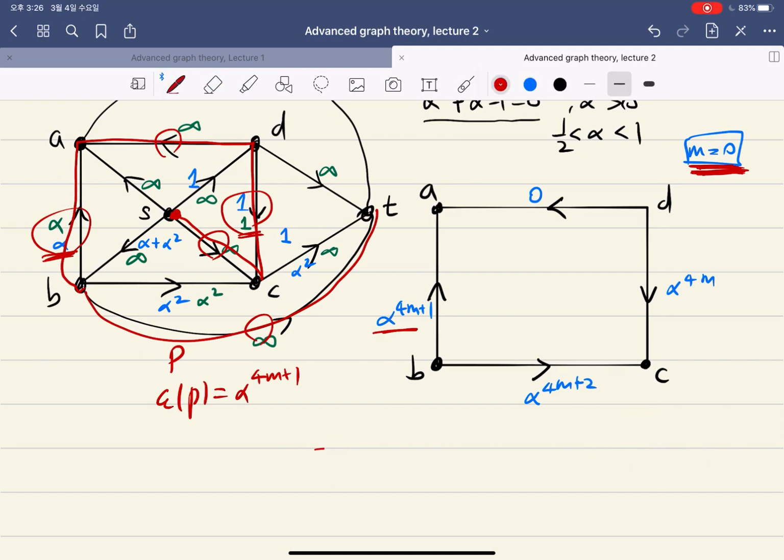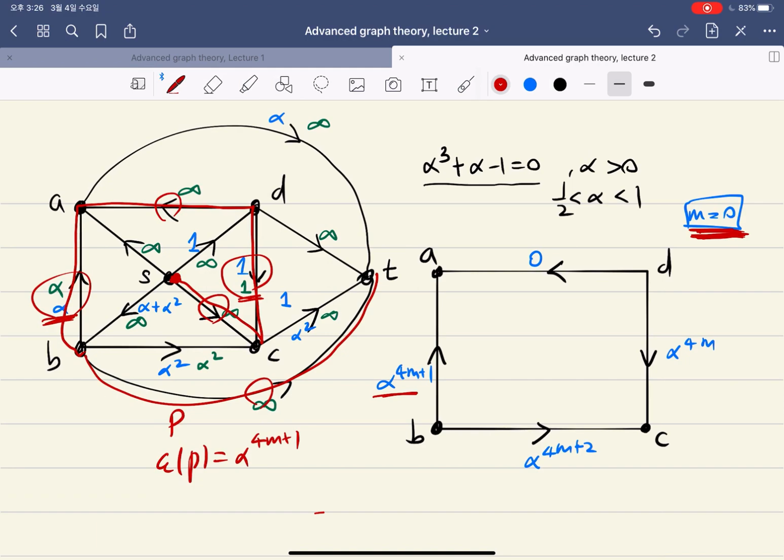So what we do is, along this, let me delete these red things. I have written too much, so let me just delete it.